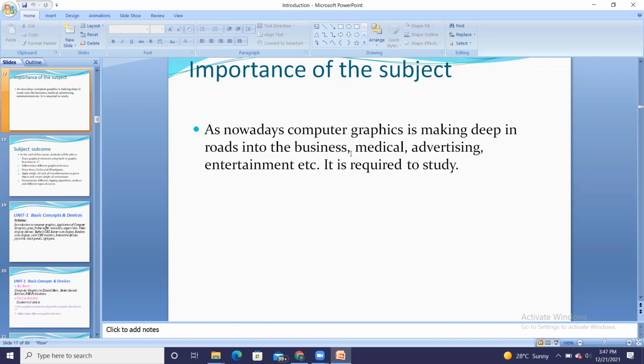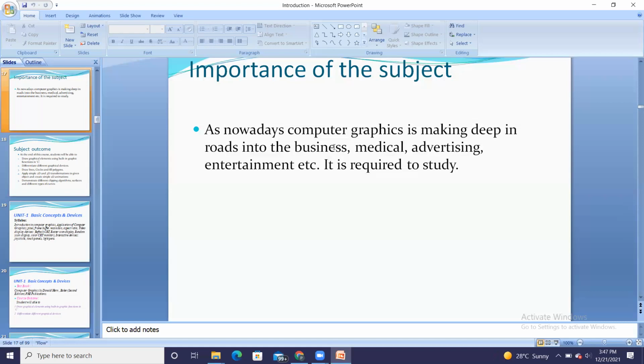You might have studied that in medical applications, image processing is the field which is in boom. That takes the help of computer graphics only, to store the images and to manipulate those images for medical requirements. So in short, computer graphics is everywhere now.